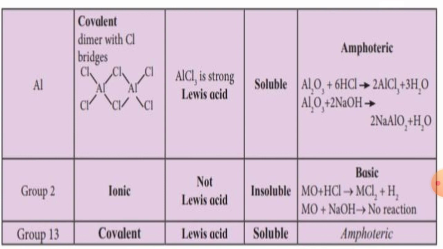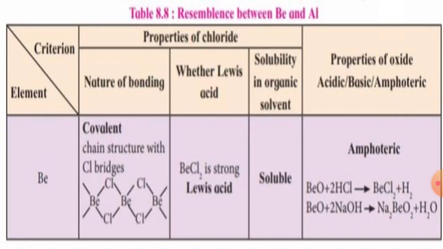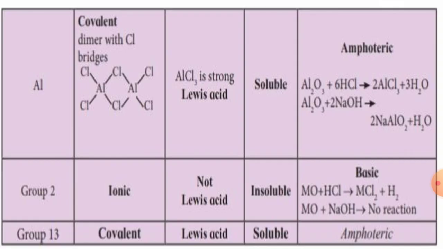So here when aluminium is linked with chloride, it forms a dimer with chlorine bridges. Here you see beryllium chloride is a strong Lewis acid. Aluminium chloride is also a strong Lewis acid. While you see beryllium chloride is soluble in organic solvent, similarly aluminium chloride is also soluble in organic solvent.